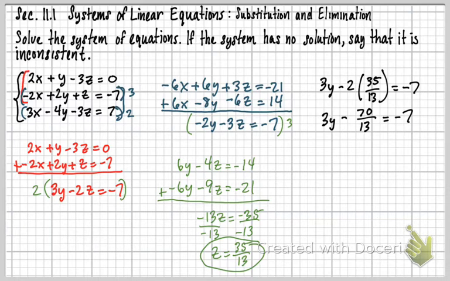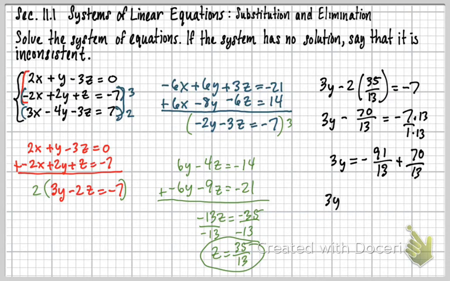So now I'm going to put that over 1, and I'm going to have to times the top and the bottom by 13 because I'm going to need like denominators when I add 70 over 13 to both sides. So then I'm going to get 3y equals negative 91 over 13 plus 70 over 13.